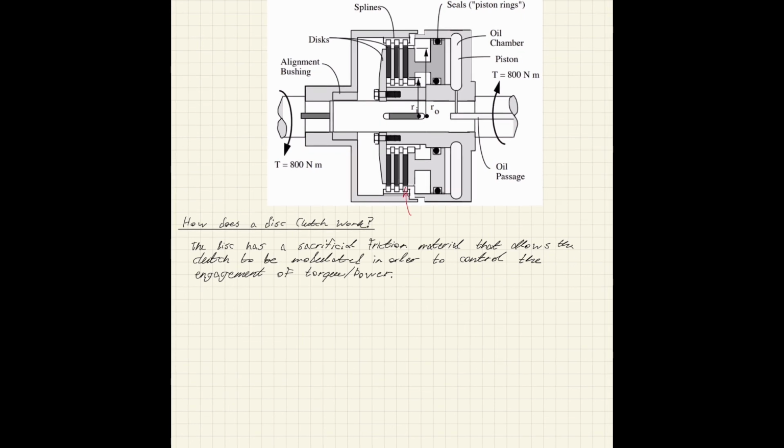And here in this diagram, these would represent our sacrificial friction materials, or our clutch discs, which you have to repair as they wear out.